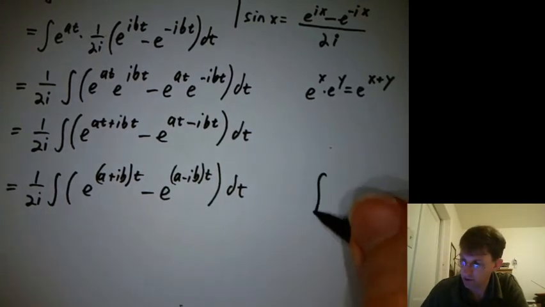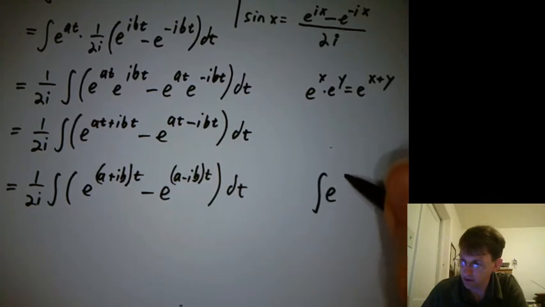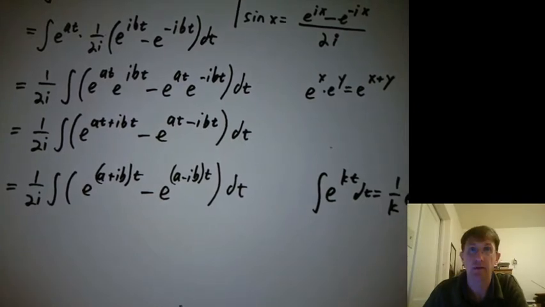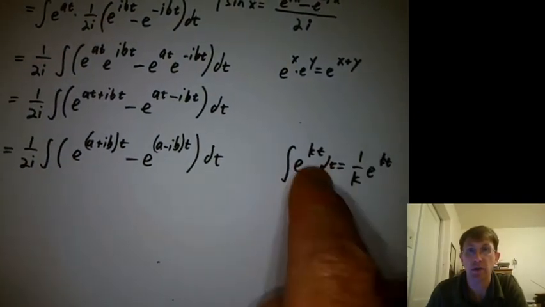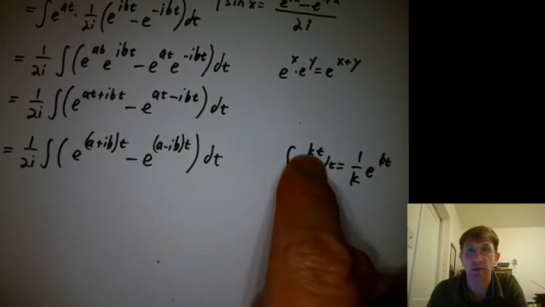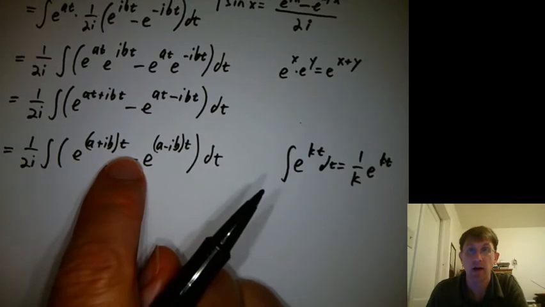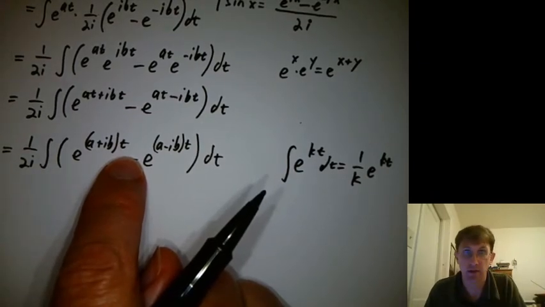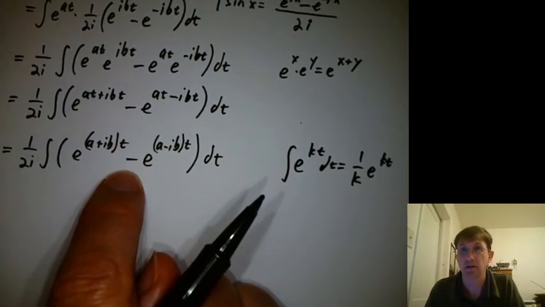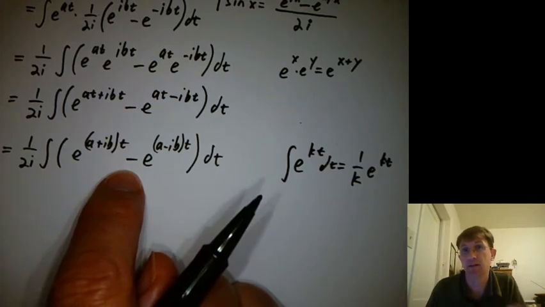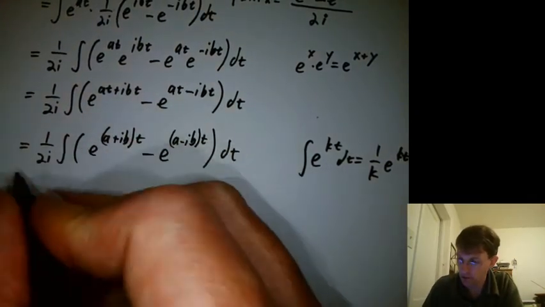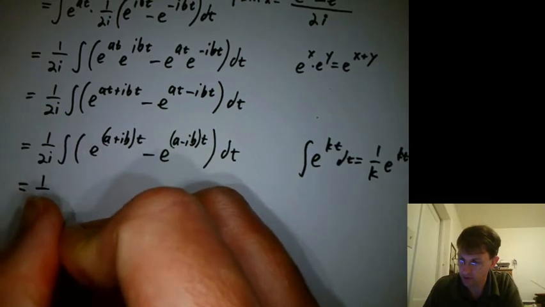We know that the integral of e to the kt is 1 over k e to the kt, right? We know that for real numbers, for k a real constant, but is the same true for complex numbers? On one hand, I could just tell you it turns out it is. On the other hand, we could just try it and see if we get something sensible. So either way, we're going to go straight forward.